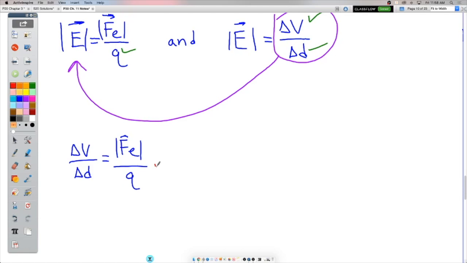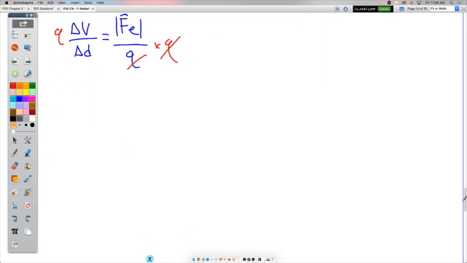So multiply by Q on both sides, and we get that the electrostatic force will be equal to Q times the potential difference over the separation distance between the two parallel plates.